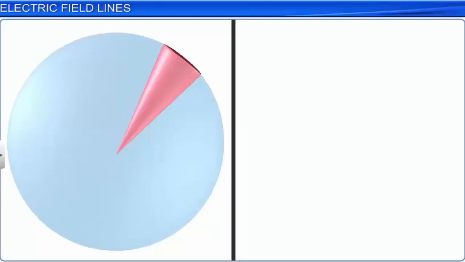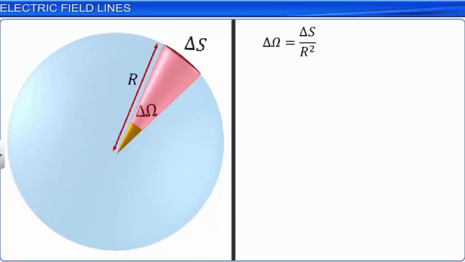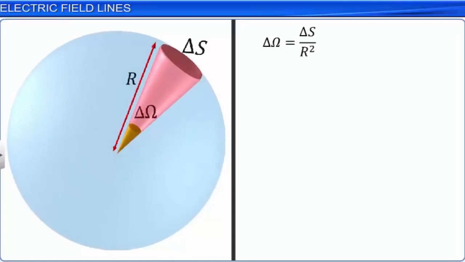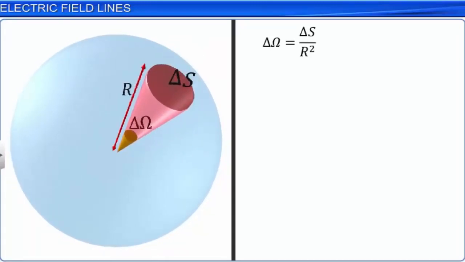When the intersection of a cone with a sphere of radius r is considered, the solid angle Δω subtended by the area element is defined as ΔS by r², where ΔS is the area on the sphere, which is the area element cut out by the cone. Let this be equation 1. Therefore, ΔS is equal to r² into Δω. Let this be equation 2.